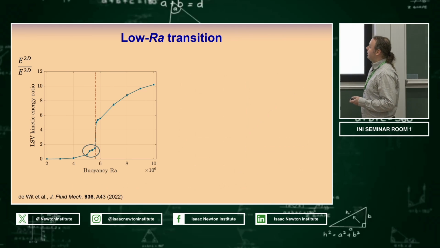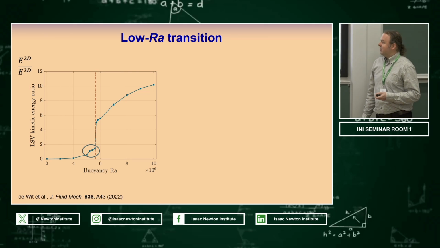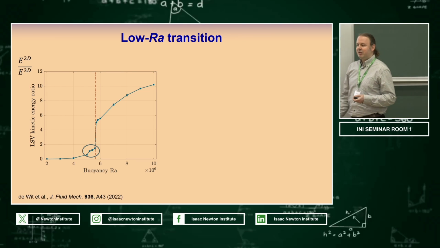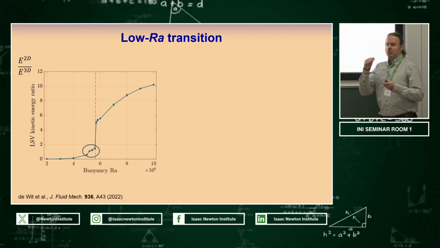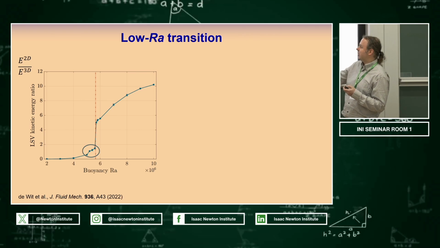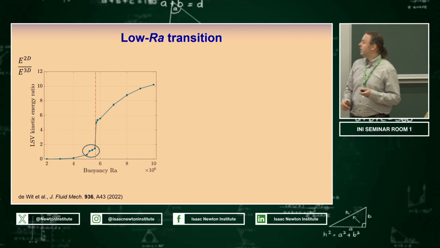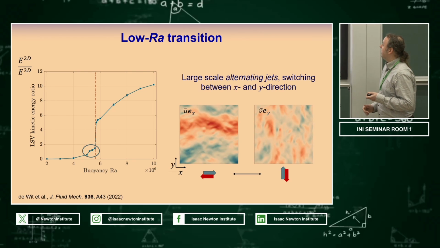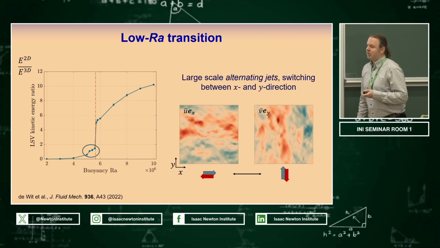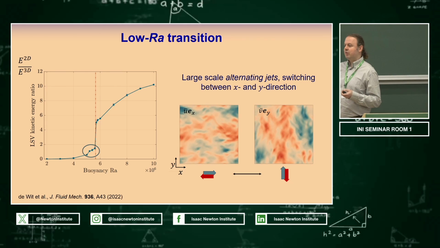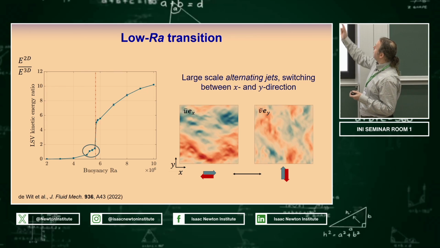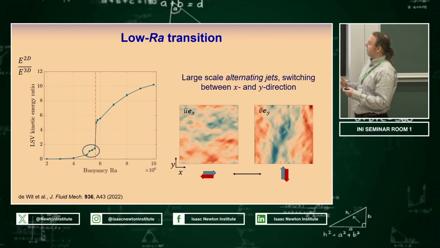Now, you may wonder about this tiny little growth down there, where we are not quite ready for the jump, but still something is happening already. And in this case, it turns out that the flow is definitely showing some organization already, but it's more into a state of alternating jets.